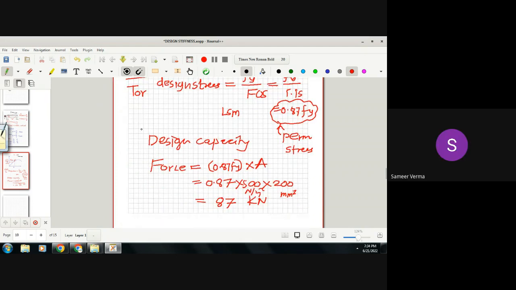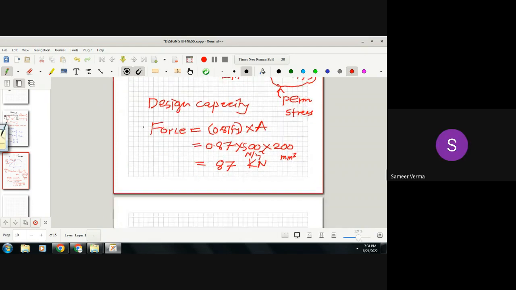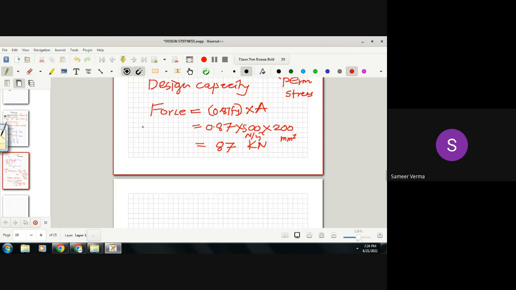One question: here 500 is Newton per meter square or mm square? Always stress is in Newton per mm square.